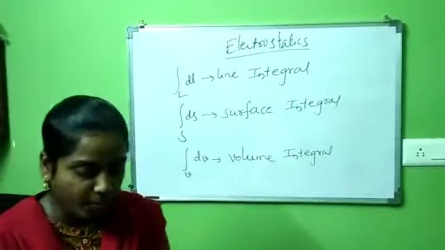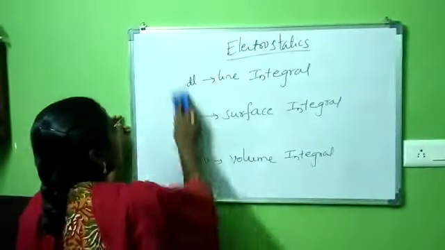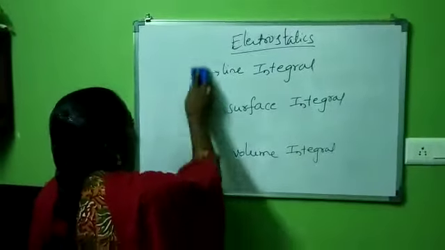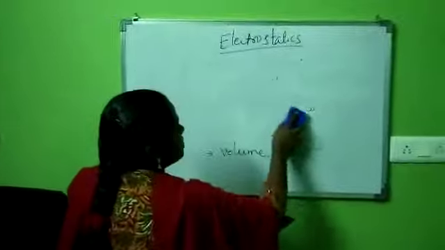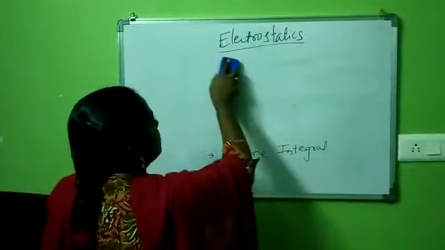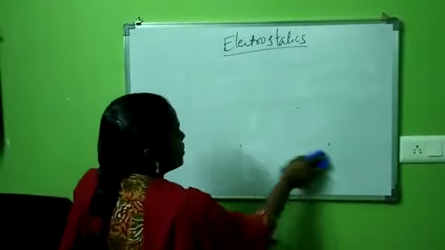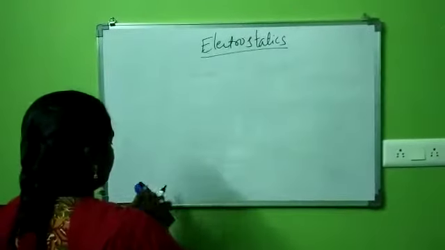Now, the next competitive bit will be the Stokes theorem and divergence theorem. The statement as well as the equation of the Stokes theorem and divergence theorem we'll see here. First one will be the Stokes theorem.